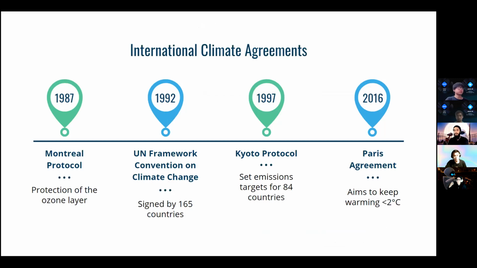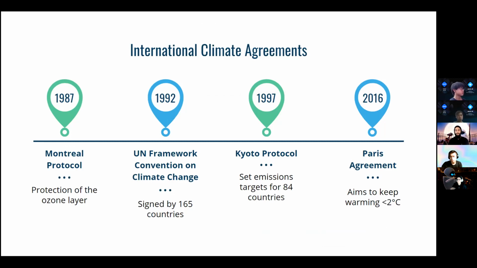As for international climate agreements, we've tried time and time again to make agreements to regulate countries and their exertion of greenhouse gas emissions into the air. Recently, for example, with the Paris Agreement, we're aiming to keep the warming below 2 degrees Celsius.